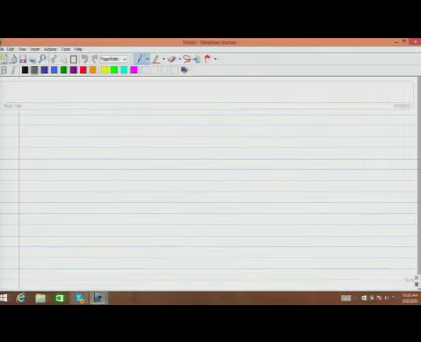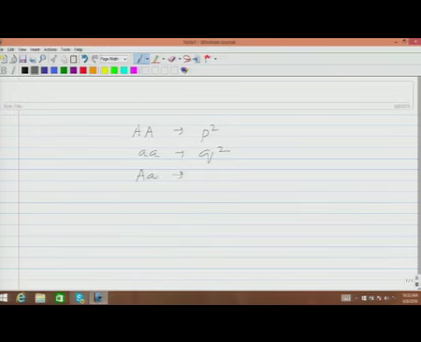Now, we know that the frequency of occurrence of AA will become p square, because it will be the product of the frequency. aa will be q square, and the heterozygous set of alleles will have pq. But since it is a diploid organism, it will become 2pq.